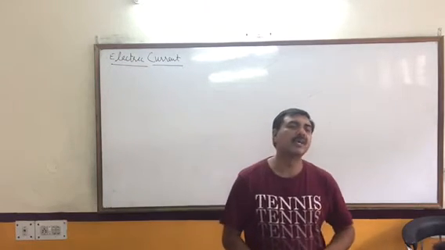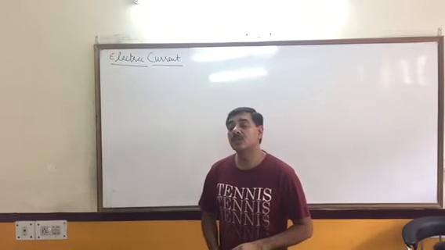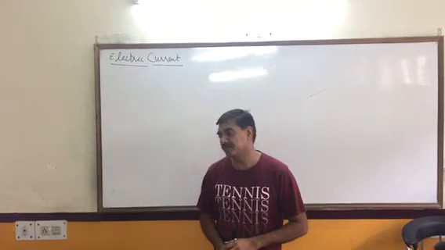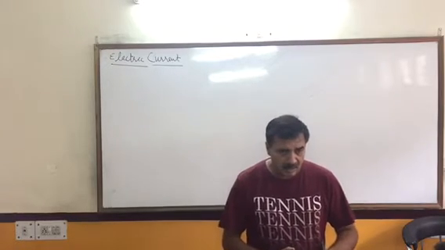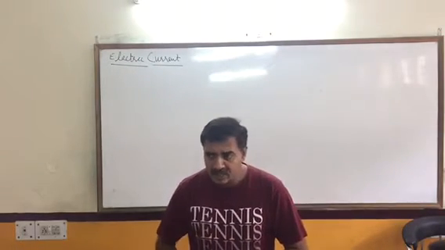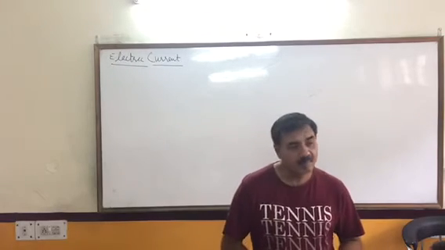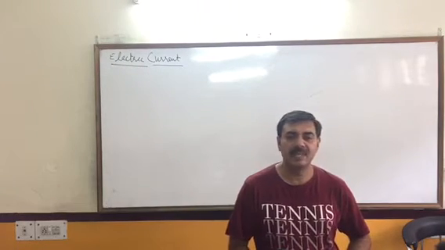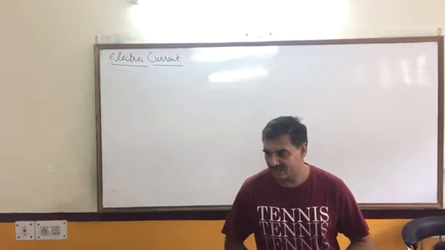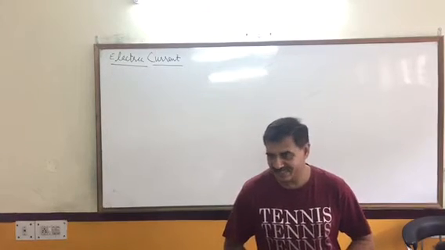Another most important thing, which could be very confusing. A very important question in electrostatics is, what is the electric field in a conductor placed in an external electric field? Zero. The answer is zero.